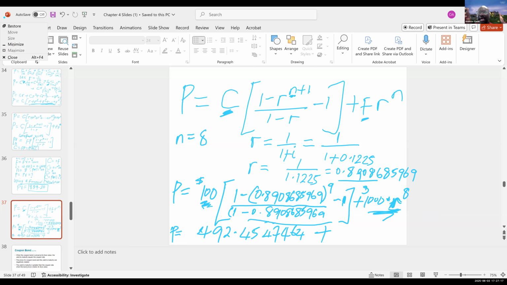But I'm going to do it in one line of coding. So I get that first part, then I'm going to add to it, then deal with this second part. For the second part, I need to raise R to the power of 8, but R is an ugly number. So you can write that as a bracket, 0.890868585969, and you're raising that to the power of 8.